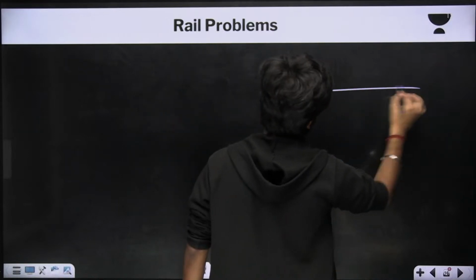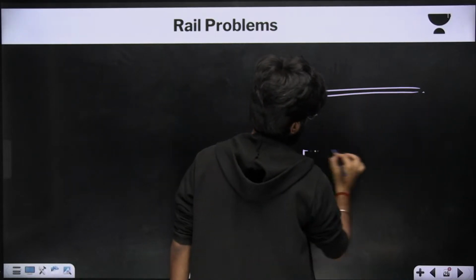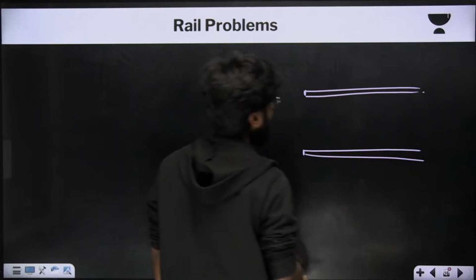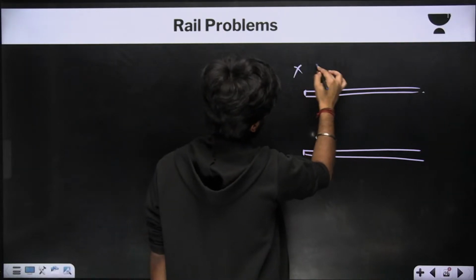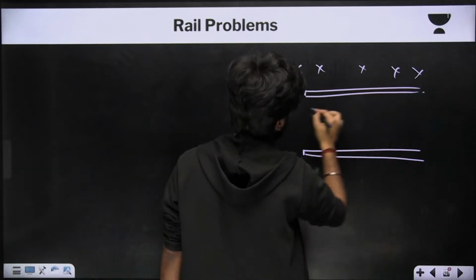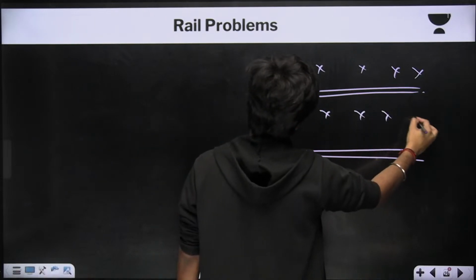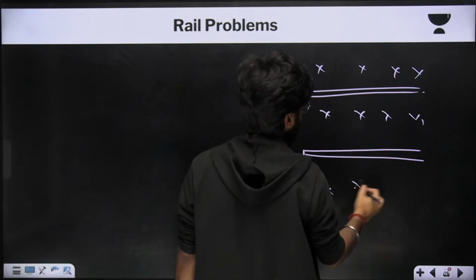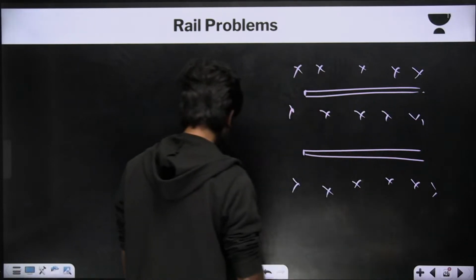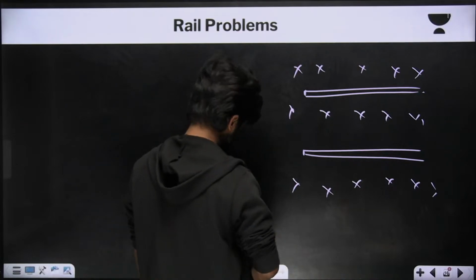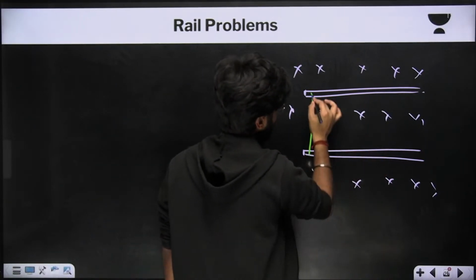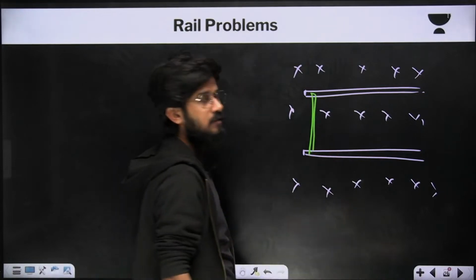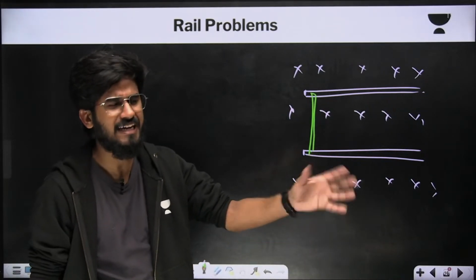Suppose this is the rod, and these are called rails, kept in some magnetic field. These are infinite rails, and there is a rod which can slide frictionlessly on these rails, like a train on a rail. Understood now?